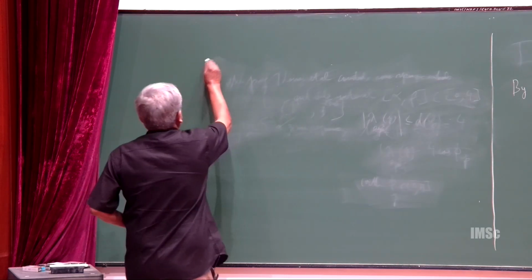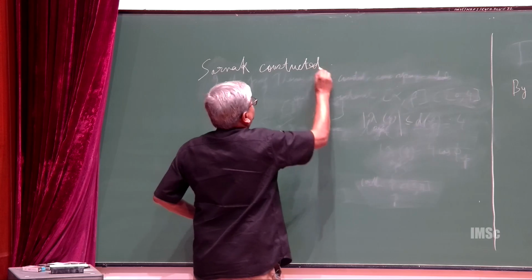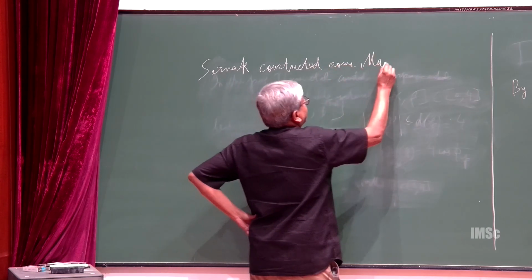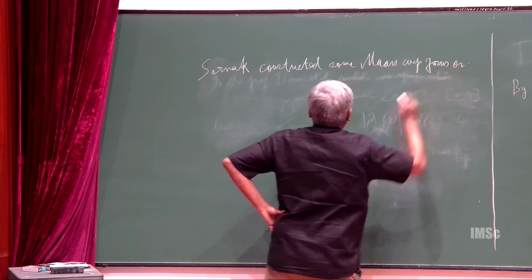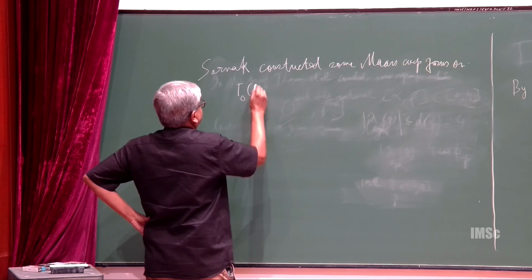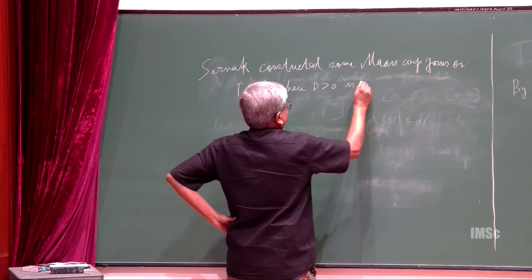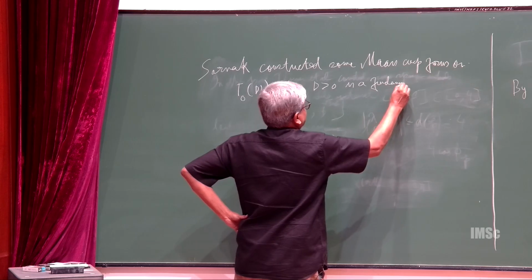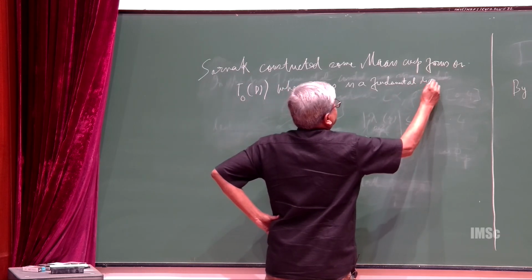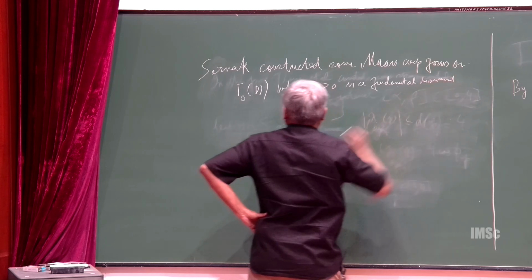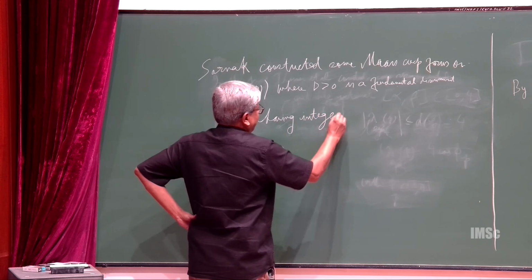So Sarnak constructed some Maass cusp forms on Gamma_0(D), where D greater than 0 is a fundamental discriminant, having integer Fourier coefficients.